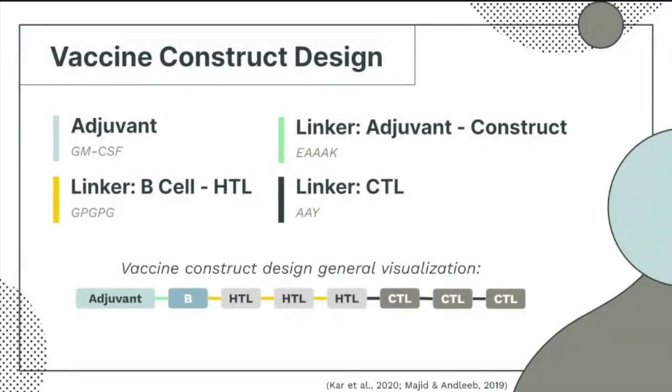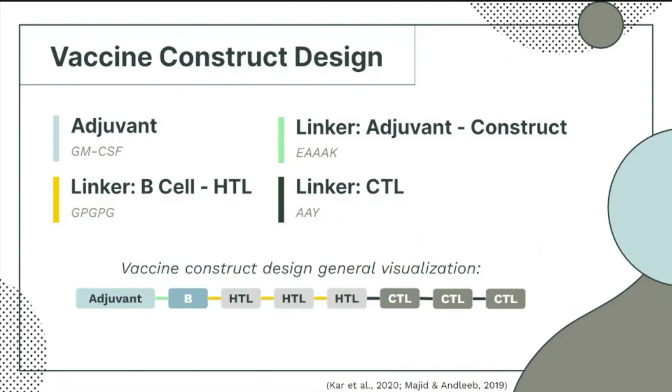And after conducting the population coverage analysis, now we're going to design the vaccine construct. And in this image, we can see the general visualization of the vaccine construct design. However, this is not an accurate representation of the number of the epitopes, but this is just the general visualization of the location for the adjuvants and the linkers.